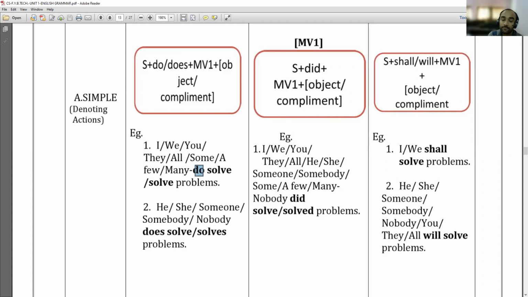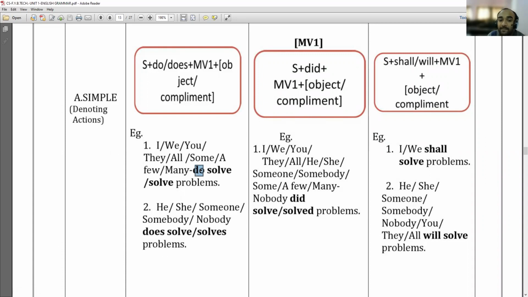We can form any of these two sentences. कुठल्याही प्रकारे आपण सेंटेन्स फॉर्म करू शकतो. फॉर एक्झाम्पल, he solves problems, but generally in daily use we say I solve problems, he solves problems, or we can say that in general use we do not use do. आपण do चा वापर करत नाही किंवा does चा वापर करत नाही. आपण काय करतो तर ते त्या वर्ब मध्ये आपण ऍड करतो. ओके.